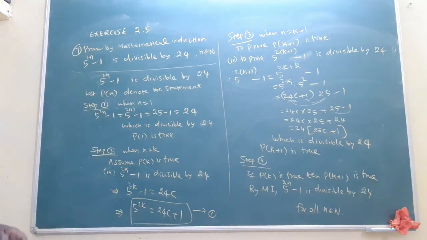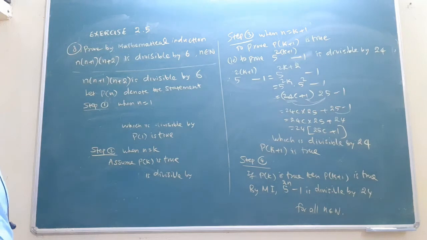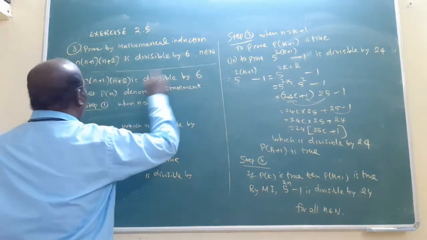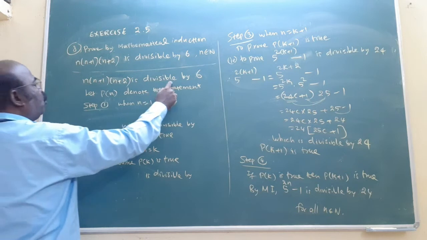All of these use the same method only. Now exercise problem, the 8th problem. Prove by mathematical induction that n into n plus 1 into n plus 2 is divisible by 6. Now write the statement: n into n plus 1 into n plus 2 is divisible by 6.